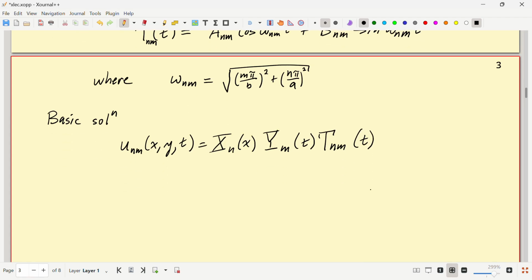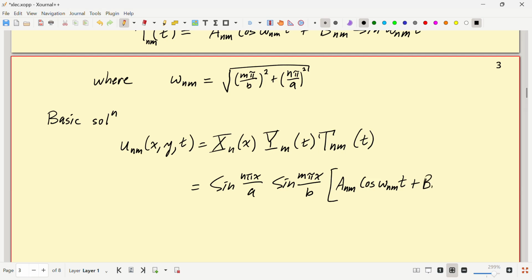We found that that's going to be sine n pi x over a times sine m pi y over b, times, this is where the constants go, a nm cosine omega nm t plus b nm sine omega nm t.